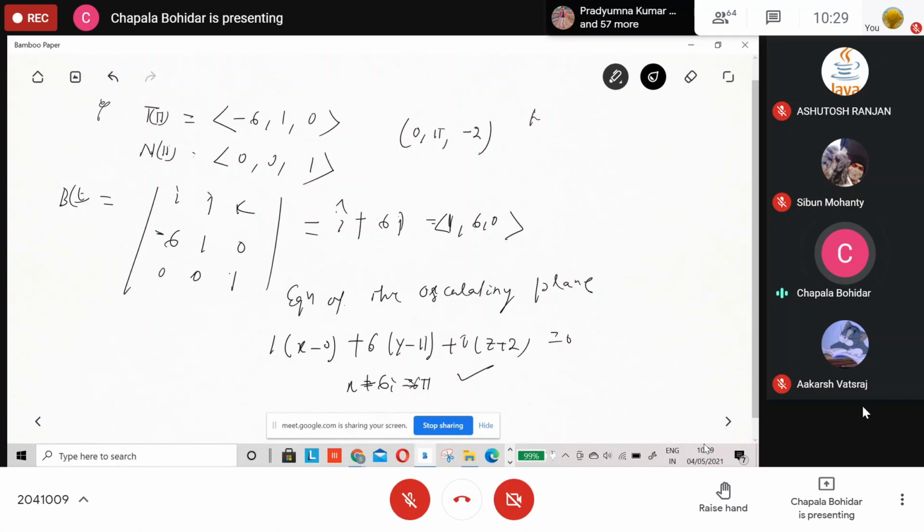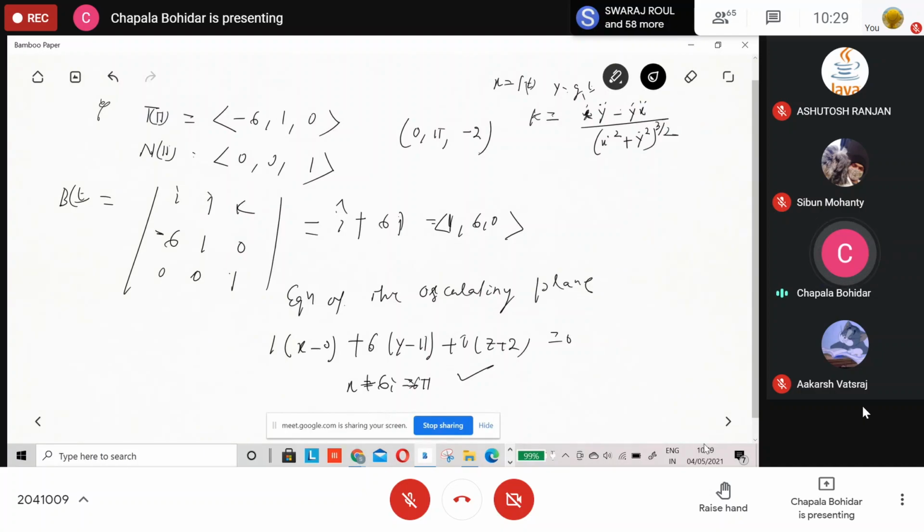Kappa is equal to, for the parametric form when x is a function of t and y is another function of t, kappa is equal to x dot y double dot minus y dot x double dot, divided by x dot square plus y dot square, whole to the power 3 by 2.